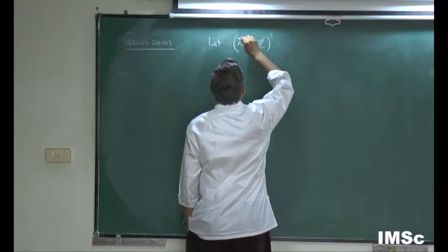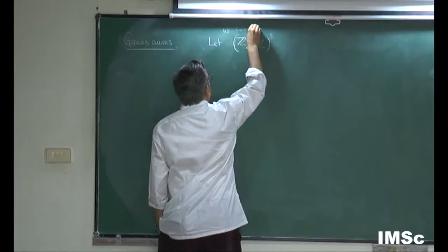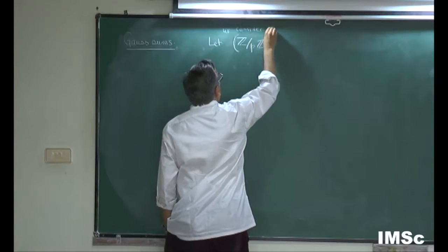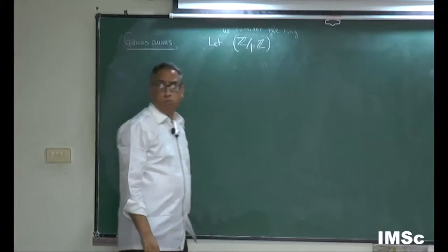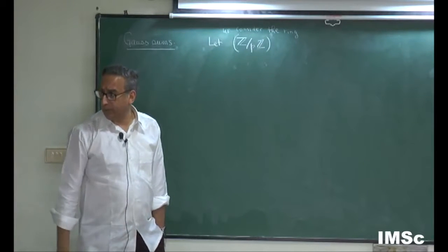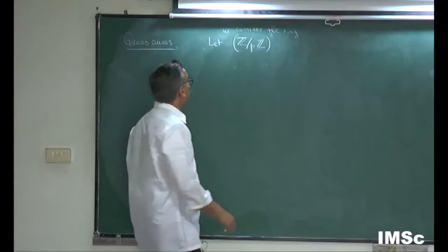Let us consider the ring Z mod PZ. On one hand, it's an additive group. On the other hand, it's got the multiplicative group of prime residue classes, right?